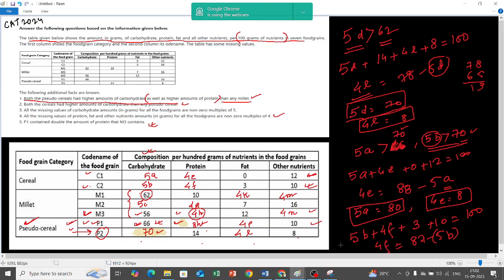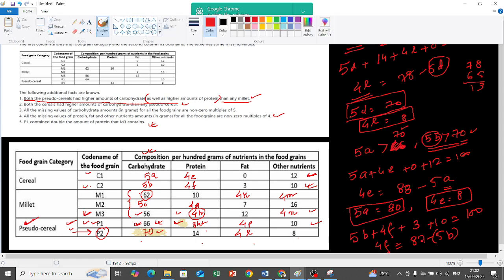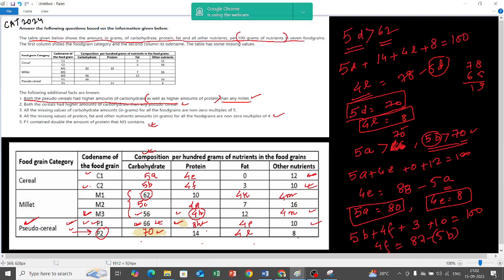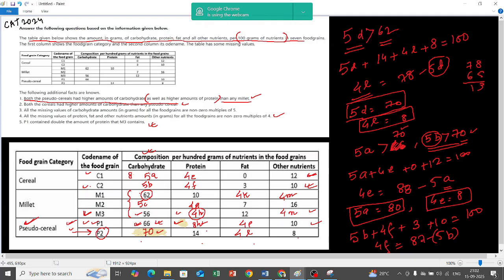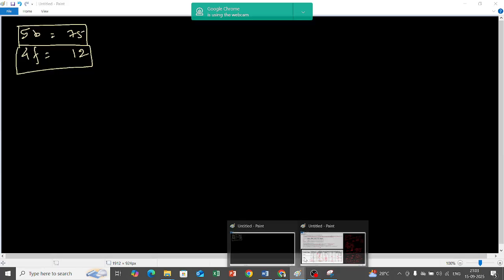So we got a couple of values, let's put them. We got 5a as 80, let's put them. We got 4e as 8. We got 5b as 75.